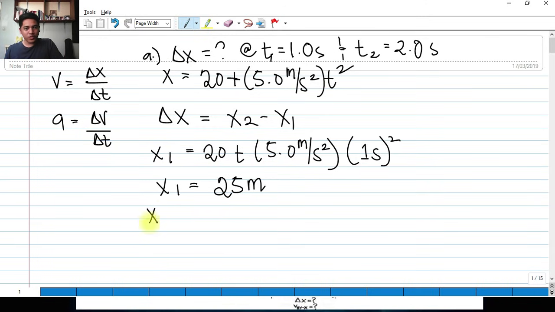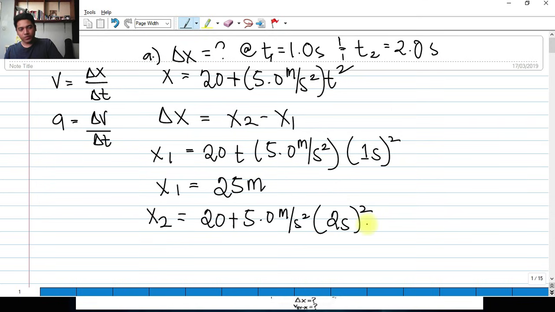For our x sub 2, we shall be evaluating the position of the cheetah at time equal to 2 seconds. So we have 20 plus 5.0 meters per second squared times 2 seconds squared. Once again, 4 times 5 is 20, plus 20, that is 40 meters.